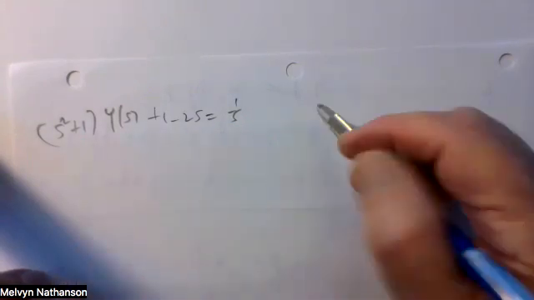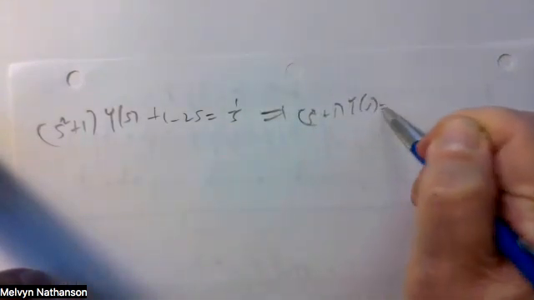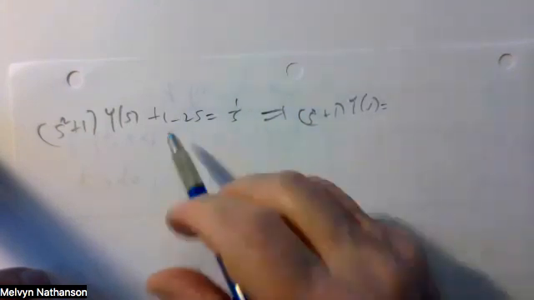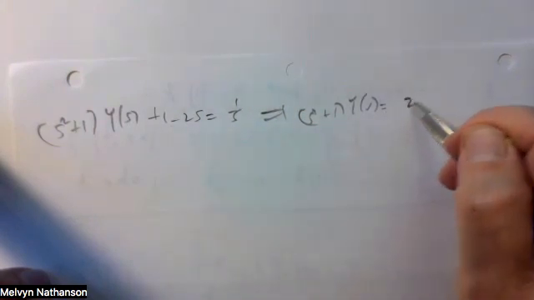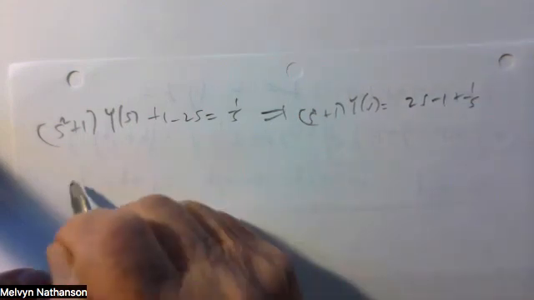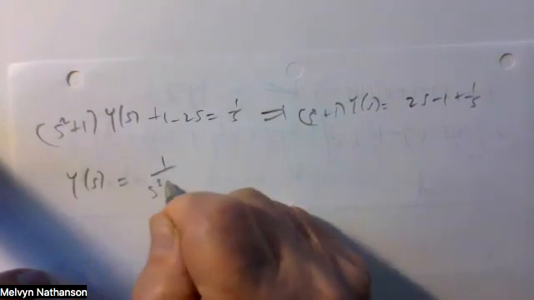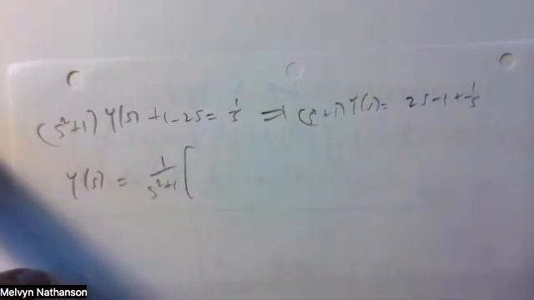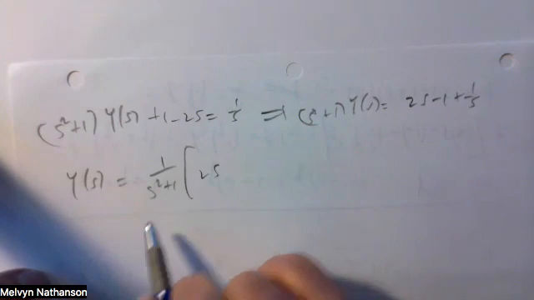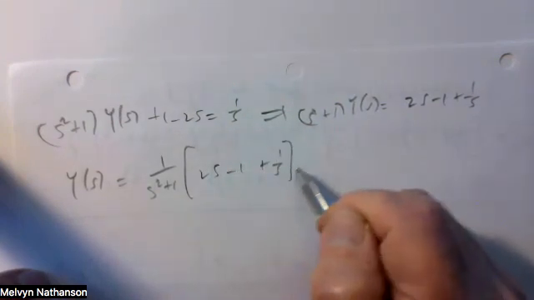So we can solve for Y of s. S squared plus 1 times Y of s is equal to, bring this over to the other side, 2s minus 1 plus 1 over s. So Y of s is equal to 1 over s squared plus 1 times 2s minus 1 plus 1 over s.